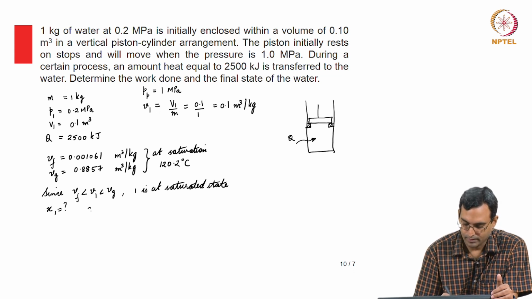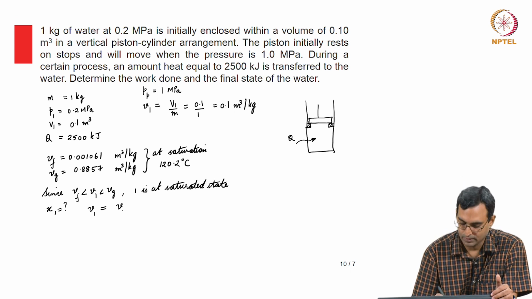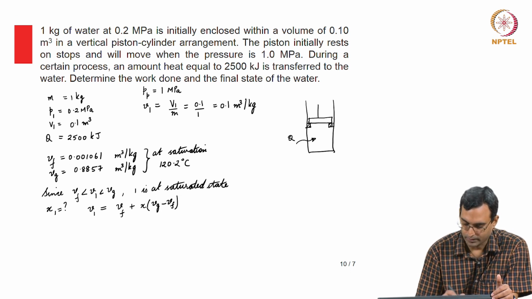So, we said that we can generally write V as either 1 minus x into Vf plus x into Vg, or Vf plus x into Vg minus Vf, or Vfg is what we are calling this. So, I have here, this is 0.1, and what I am looking for is x.